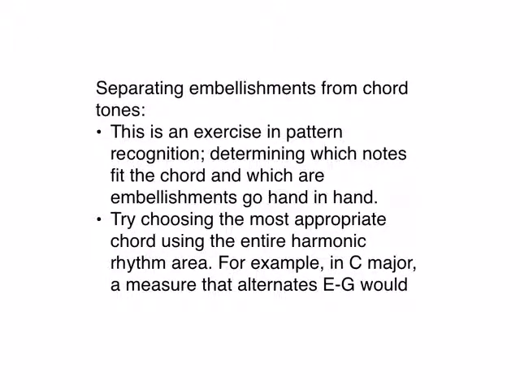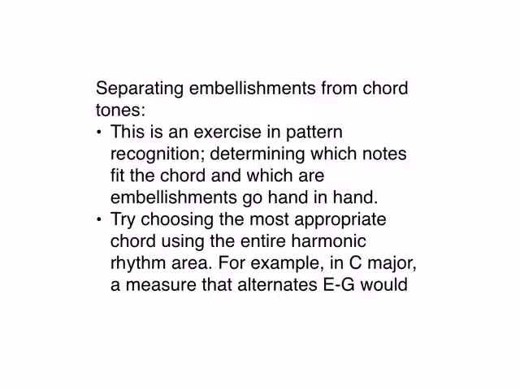Separating embellishments from chord tones, and the examples that I'll show you will make this a little bit clearer. This is an exercise in pattern recognition. Determining which notes fit the chord and which are embellishments go hand in hand. We usually start by trying out or choosing the most appropriate chord using the entire harmonic rhythm area.